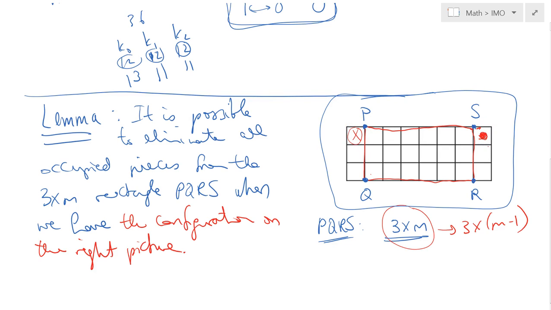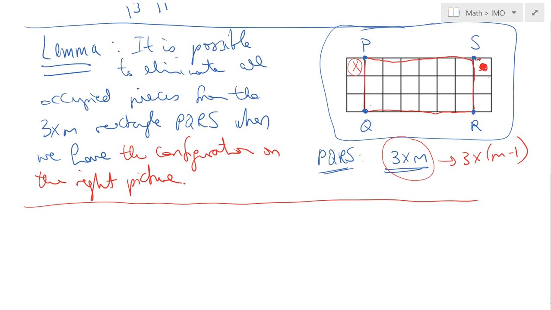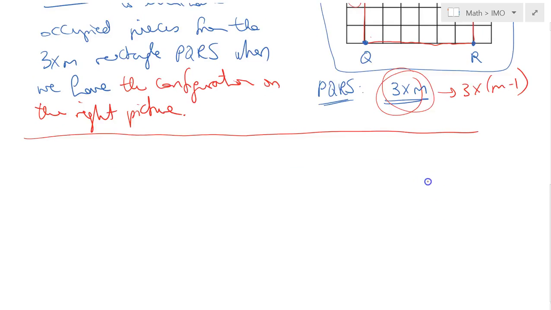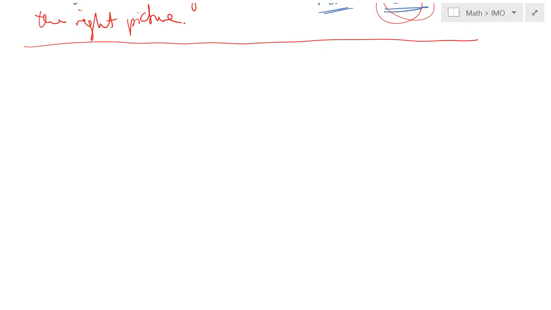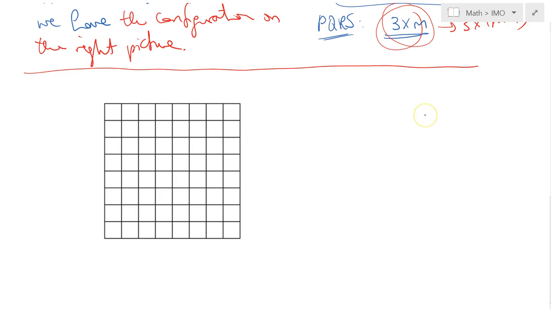Isn't that just beautiful? Therefore, the rest of the problem will make use of this lemma in an intelligent way. Whenever we have a grid, we will divide it into subdivisions of 3 by m rectangles. As I will do next, let me create a random grid here like this. Let's assume for the moment that this grid is full.